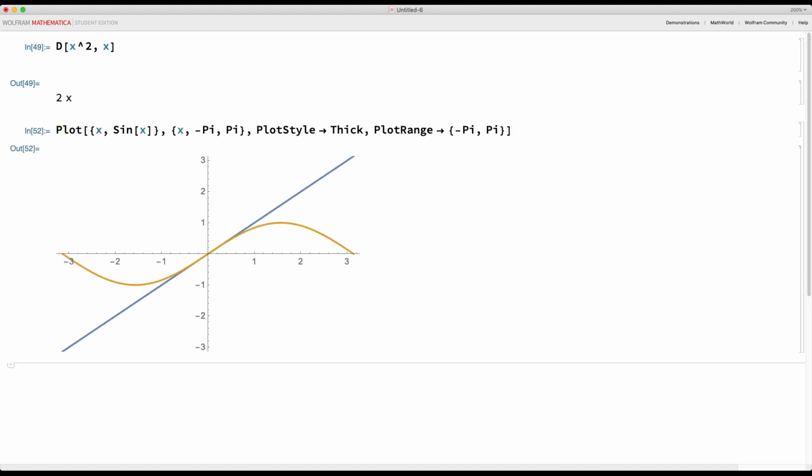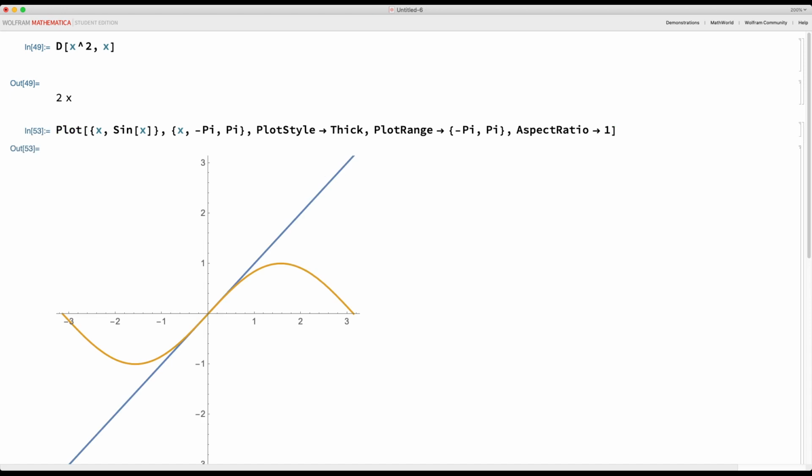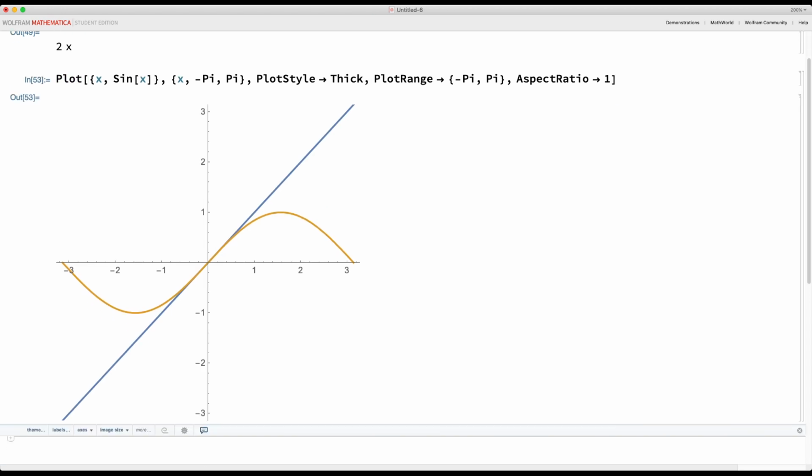So I'm going to make the y range the same as the x range. And then I'm going to make the aspect ratio 1 so that everything is correctly scaled. Right, so here y equals x genuinely looks like a 45-degree angle. Yeah, okay, just for the sake of the picture. Okay, so that's all I'm doing there.